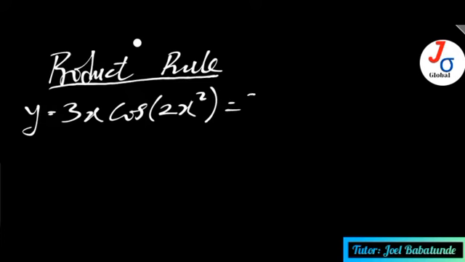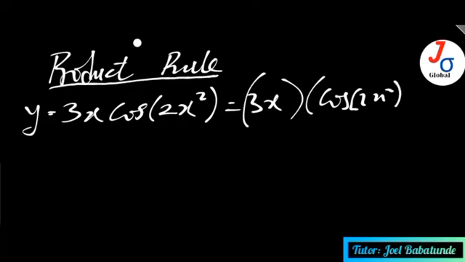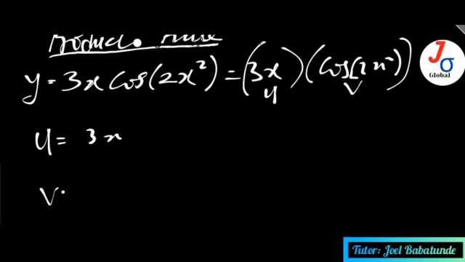I can separate this by saying 3x and cos 2x squared. So these are two separate functions. This is u and this is v. So my u becomes 3x and my v becomes cos 2x squared.